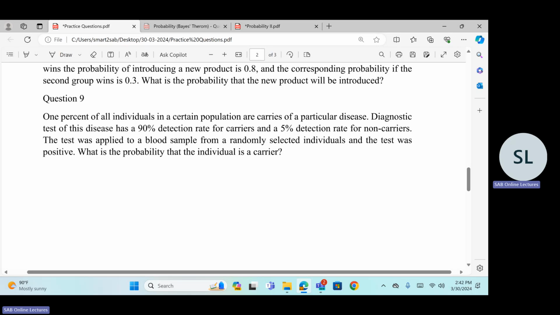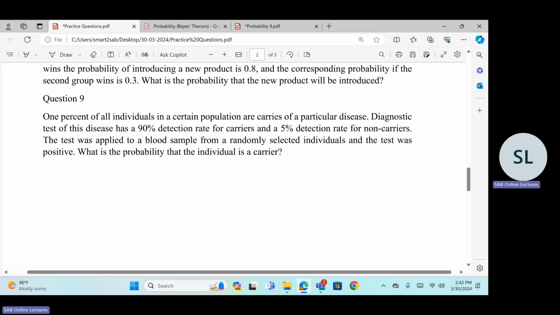The test was applied to a blood sample from a randomly selected individual, and the test was positive, meaning it detected that he or she is a carrier. Then how many chances are there in here? There are two chances: test positive carrier, and test positive non-carrier.